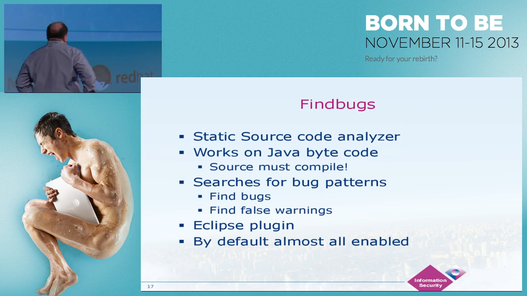And it will find a whole lot of false positives. Well, sorry, you have to go through it. And you've got an Eclipse plugin, which is very nice to use, and I will demonstrate it. But you've got one small disadvantage. Almost all security patterns, no, all bug patterns are enabled.